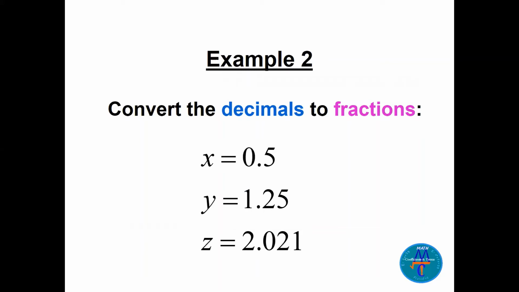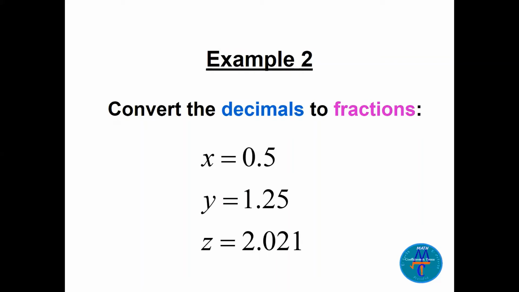Okay, let's move now to the second idea here: convert decimals to fractions. I will present many examples here. The first 3 are simple: x equals 0.5. If somebody asks you to give the fraction that equals 0.5, everybody will say half.